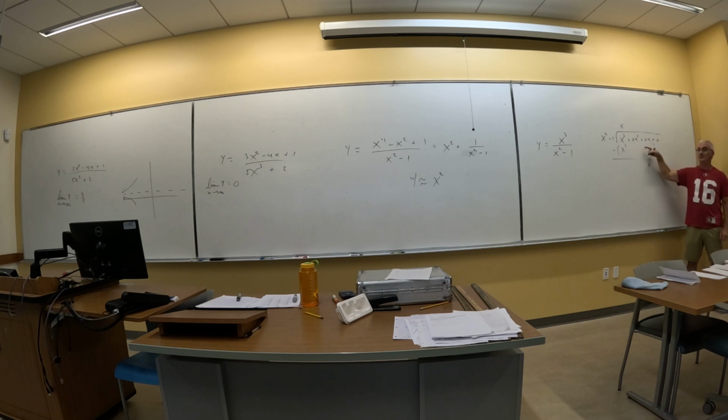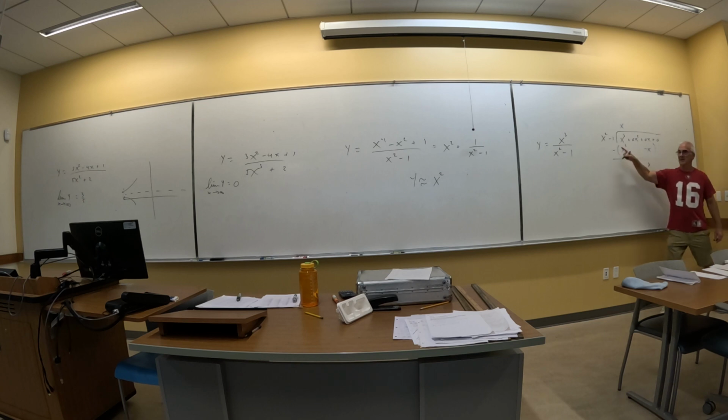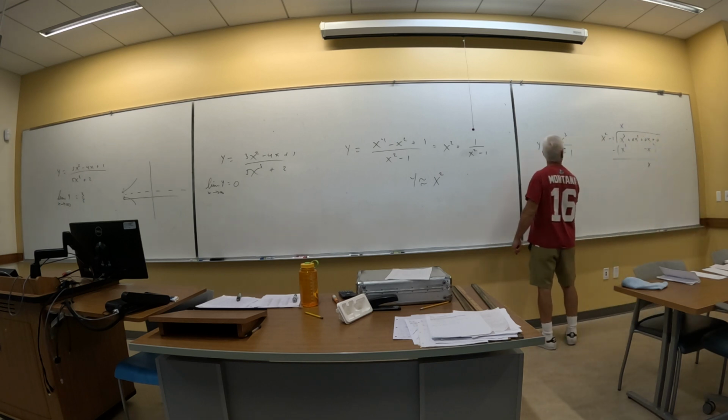This is not something we should struggle with. Oh, no, I'm just blind right now, sorry. That's all I got left. Now, am I done? Yeah, because that's a smaller degree than that. So what does this equal?